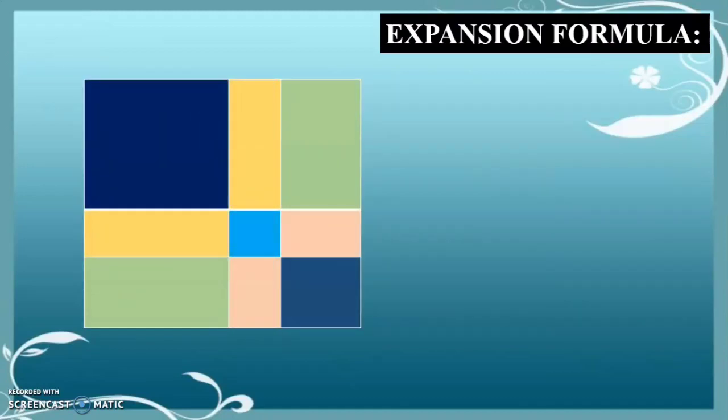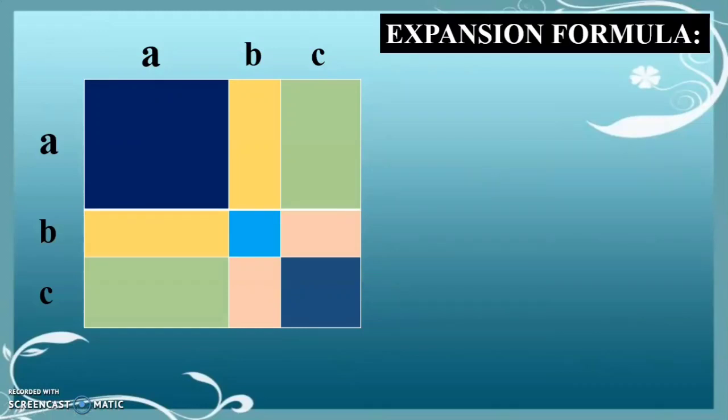Now, here we have taken a square whose one side is equal to a plus b plus c, and you all can see that I have done the markings of a, b and c horizontally and vertically as well. And I've divided the whole square into 9 different parts.